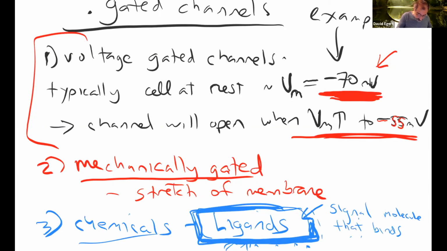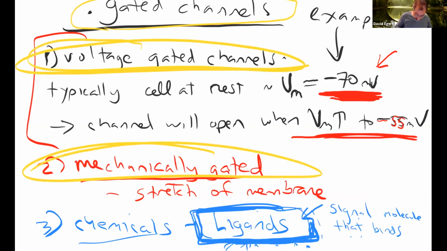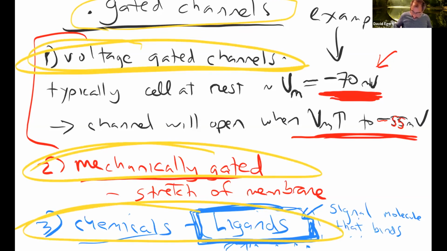So gated channels: voltage-gated channels, mechanically gated channels, ligand or chemically gated channels. These are all going to be key players in the body.